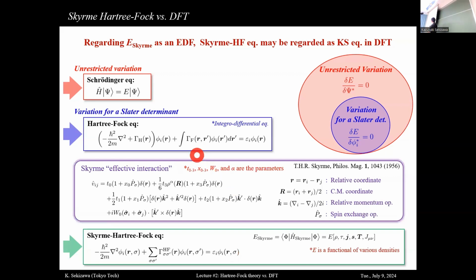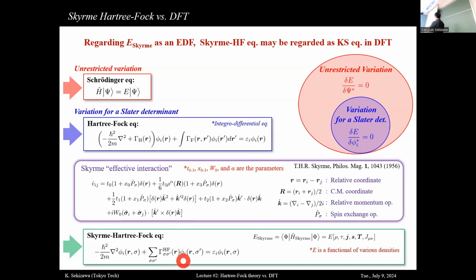The point is, this Fock term, this gamma F, which is non-local in space, becomes local in space because it contains the Dirac delta function. The integration over R prime can be removed from all the terms in the exchange term here, and this exchange contribution can also be expressed by a local potential.